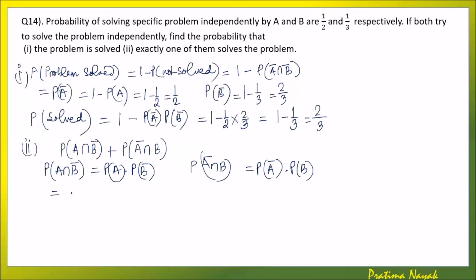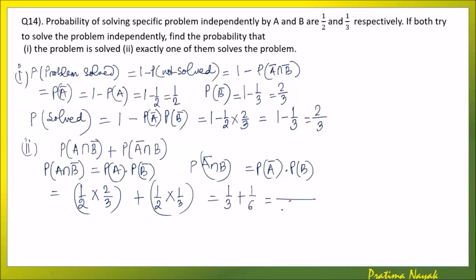Then we will write only P(A) is equal to 1 by 2 multiplies P(not B) is equal to 2 by 3, or P(not A) is equal to again half and P(B) is equal to 1 by 3. So answer will be 1 by 3 plus 1 by 6. So 6 is the LCM. It will be 3 by 6. So the answer is half.